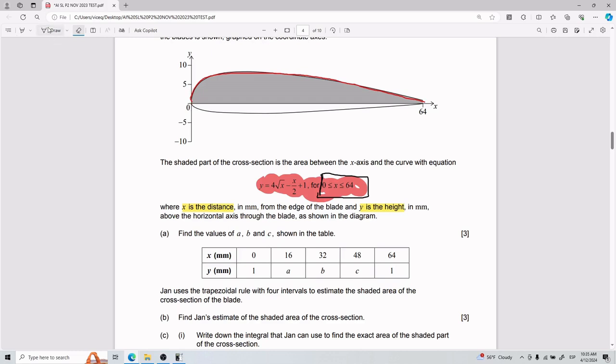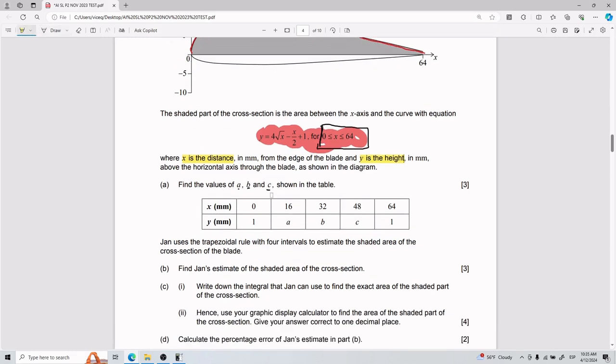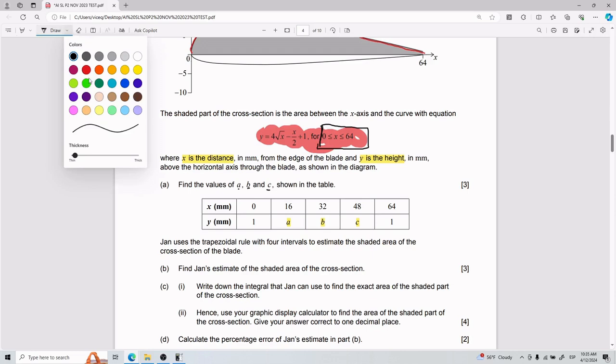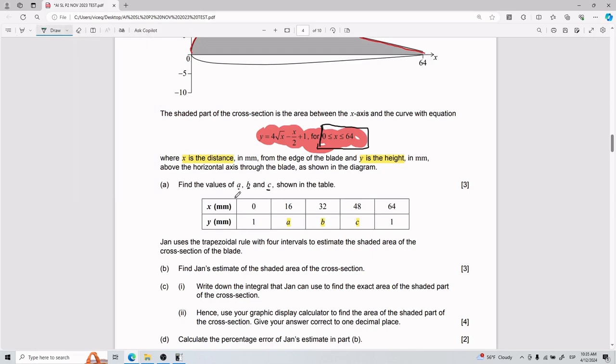For part A, we need to find the values of A, B, and C that are shown in the table. And so how would you find A, B, and C? Well, let's first understand what this table is even telling me. Notice how it's an x of 0 and a y of 1.